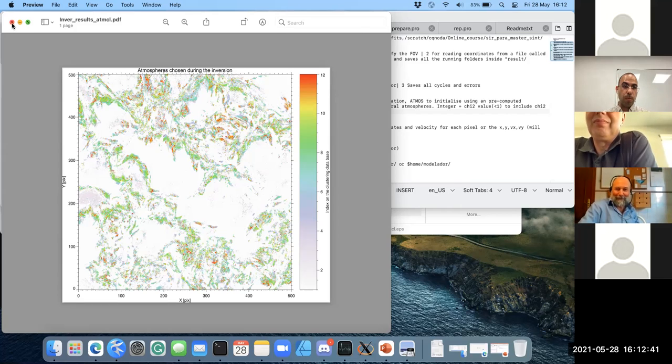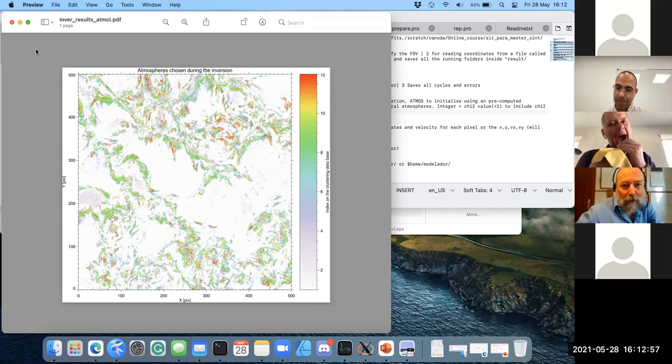Okay, so then, is there any question related to this? Does everyone understand what we are trying to do in this case? Okay. I just want to add that 12 atmospheres in general is not too much. In some cases, we are working with 25 or 30 atmospheres.